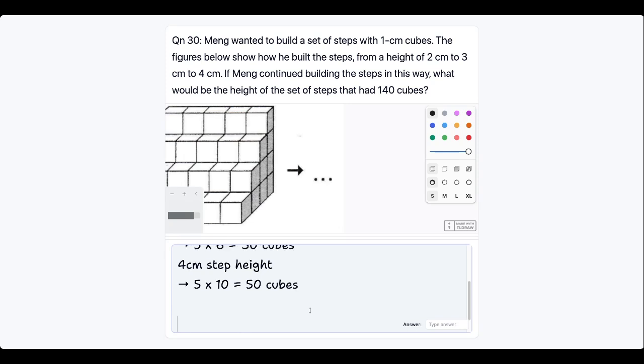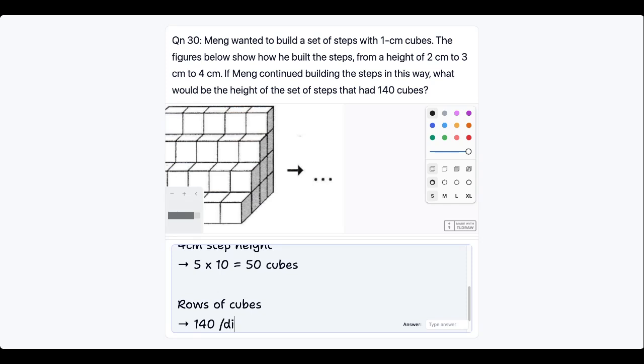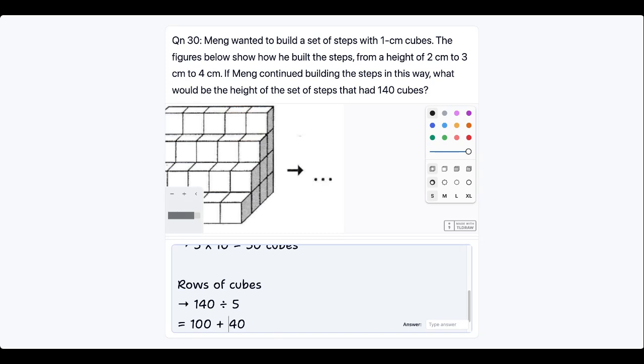So let's do that. So that means rows of cubes is equal to 140 divided by 5, which is equal to 100 plus 40. Okay, I'm a little bit lazy. 100 plus 40, then we put the brackets. Okay, and then we divide it by 5.